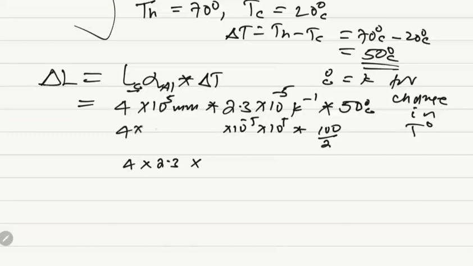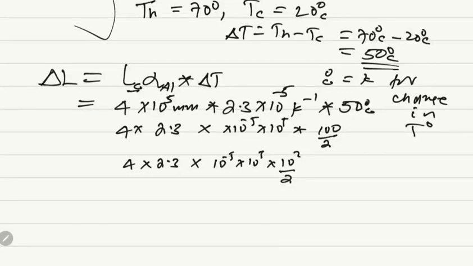So this is 4 times 2.3 times 10 to the power of minus 5 times 10 to the power of 5 times 10 to the power of 2 over 2.